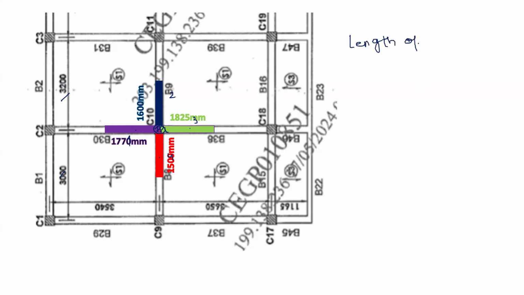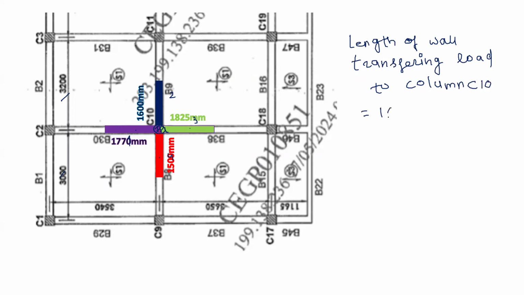So if I calculate the length of wall transferring load to column C10, and then add: 1600 plus 1770 plus 1500 plus 1825.